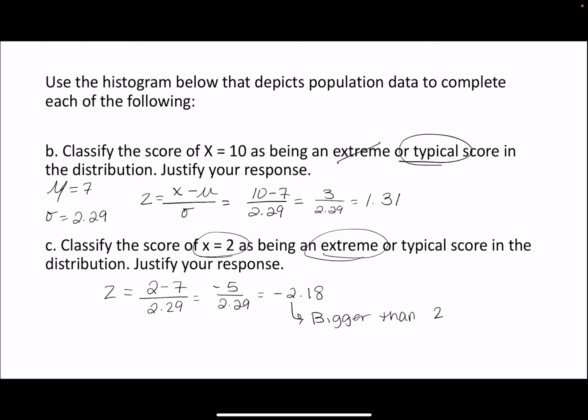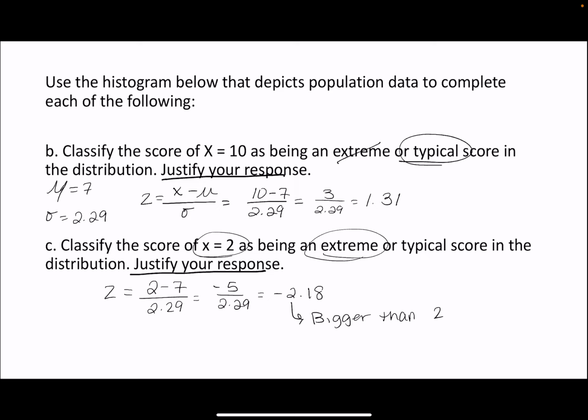So when it's talking about justifying your response here, I'm really wanting you to understand that for something to be an extreme score, it needs to be either bigger than 2 or smaller than negative 2. That's 2 standard deviations away from my mean. And if you think about our percentages, remember that 68% of your data lies within 1 standard deviation.